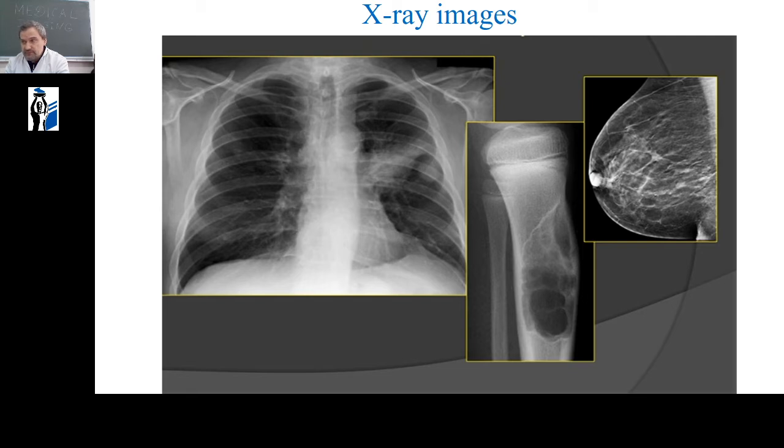Bone tissue has a high content of the mineral component. Pathological processes are associated with the destruction of the bone tissue, its replacement by other structures. And finally, a special mode of X-ray examinations allows you to diagnose the pathology of the soft tissue structure of the breasts during mammography.